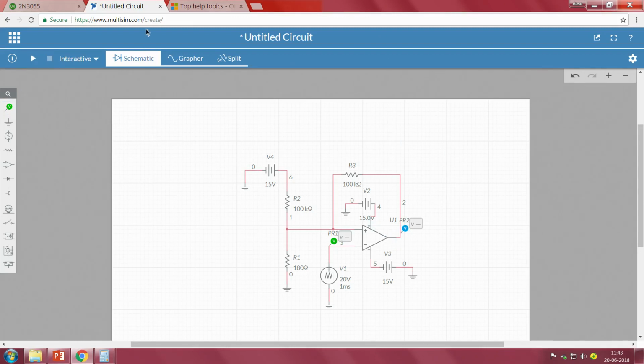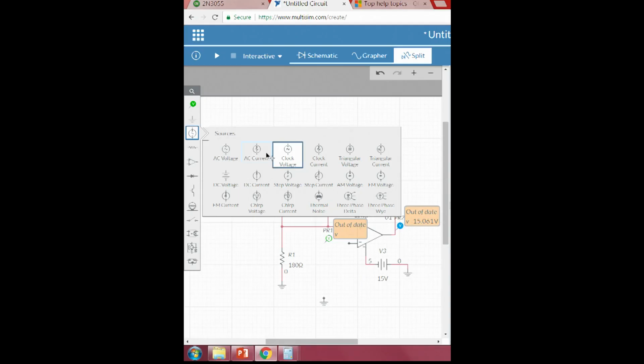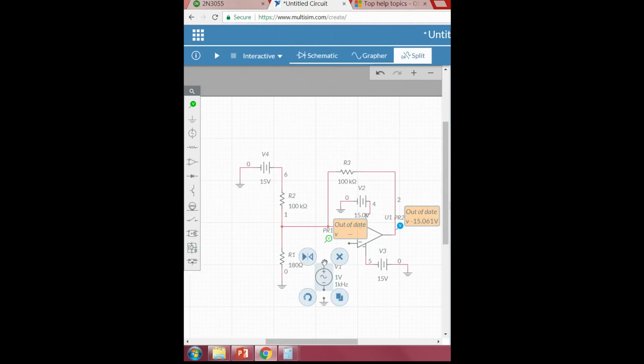Let me change the input to some sine, AC voltage. The peak value is somewhere around 20.